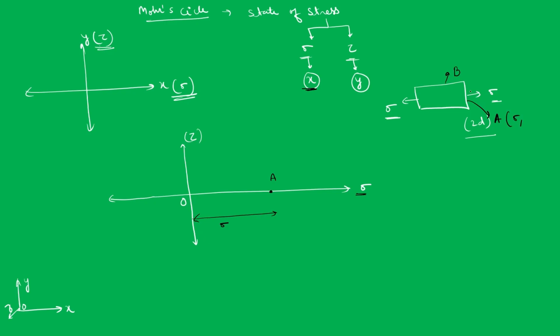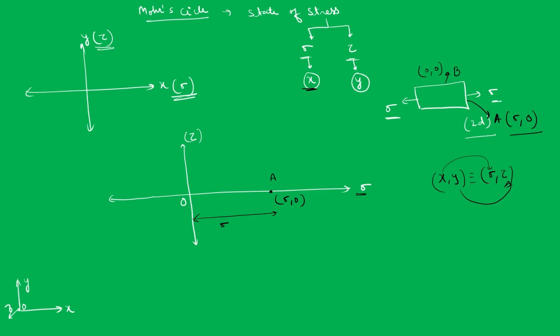Do we have any shear stress? No shear stress. So that is where sigma comma 0. So a will be represented by sigma comma 0 because there is no shear stress, no tau here. On b we have 0, 0: no shear stress, no normal stress. For your convention, I will write this as sigma comma tau, so x is with sigma and y is with tau.